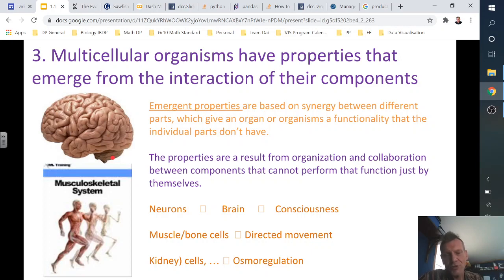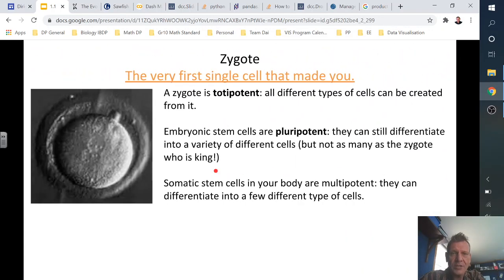So your consciousness, the whole idea that you can think and that you have a certain personality, for instance, is an emergent property from the simple fact that all your neurons, all your brain cells, are connected together. And then from there they are able to do something bigger than themselves, that a single individual nerve cell couldn't do. So there's an idea of synergy and emergent property. Consciousness is a good example of that.